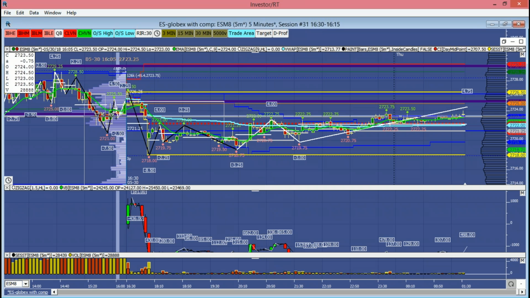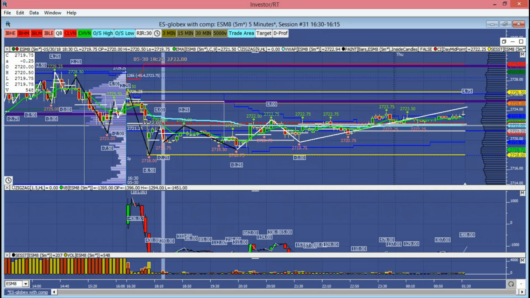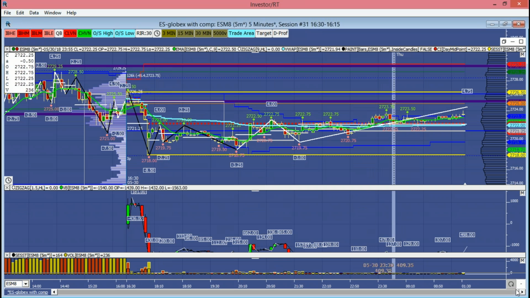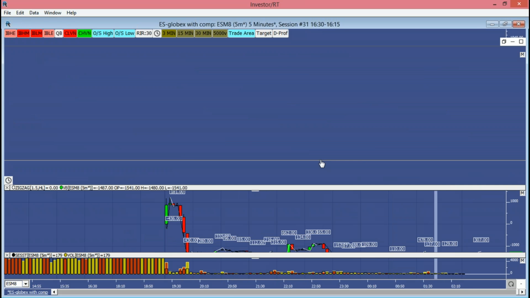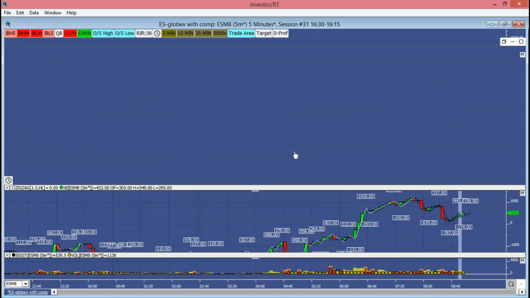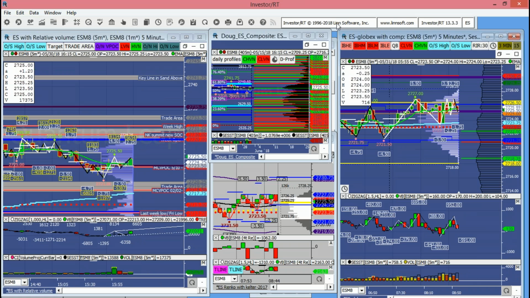Over a large period of time, this has a 99% probability. So it's something always to watch out for, and when it presents itself, if you trade in the Globex, take advantage of those high probability targets.